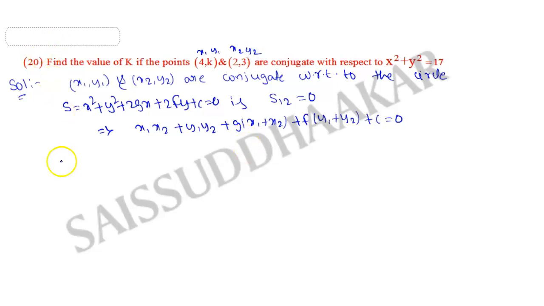Let S equal the given circle, x square plus y square minus 17.